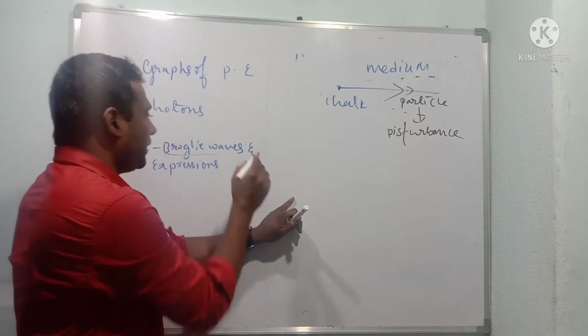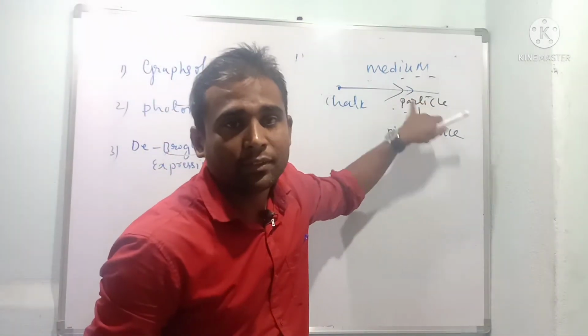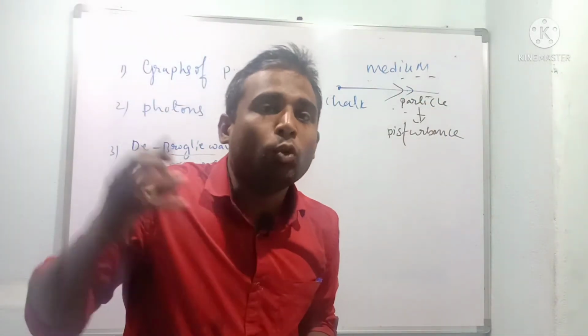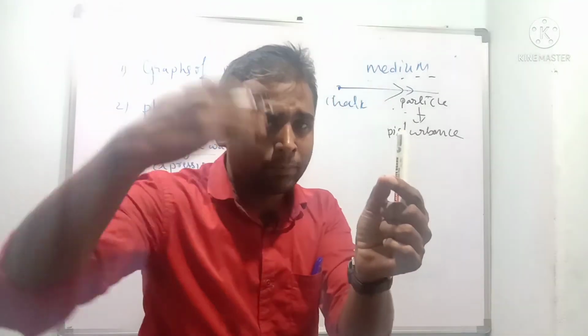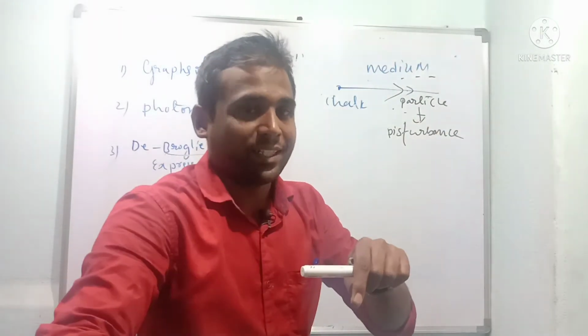De Broglie waves means the waves are associated with moving material particles. Where there is a particle, there will be a wave, and where there is a wave, there will be a particle.